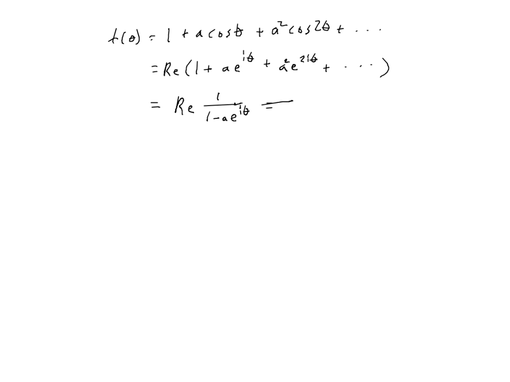So you multiply top and bottom here by 1 plus a e to the i theta, or minus i theta. Actually, sorry, I guess this would be a minus here, because we just multiply it by its complex conjugate, so this needs to be a minus sign, not a plus sign.